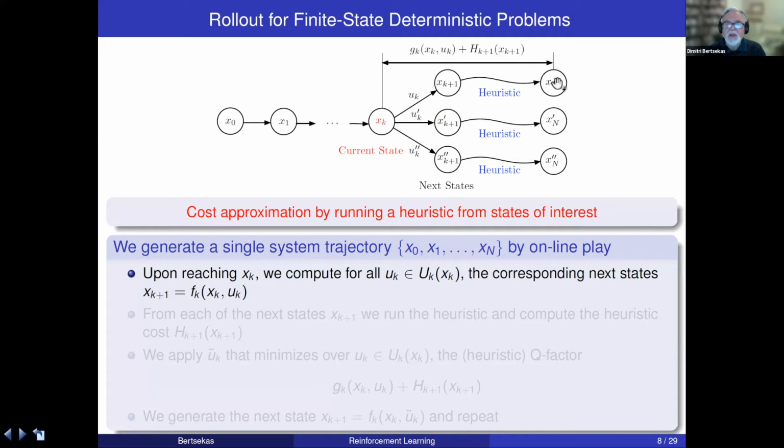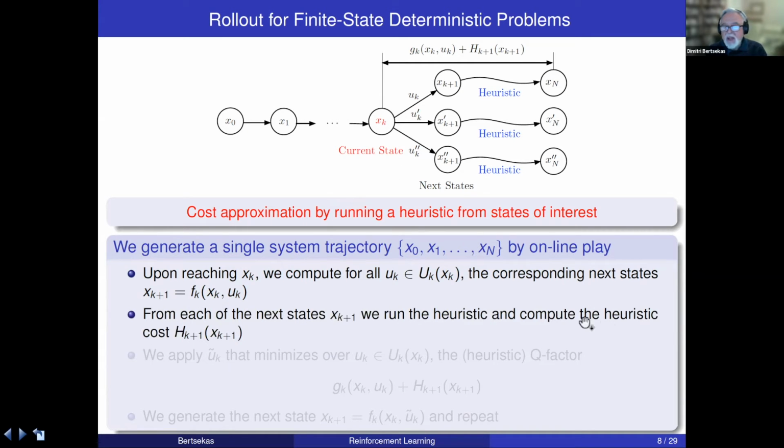So for every possible control, we calculate this term plus that, an approximate Q factor. Then we do this for the next control, and similarly.